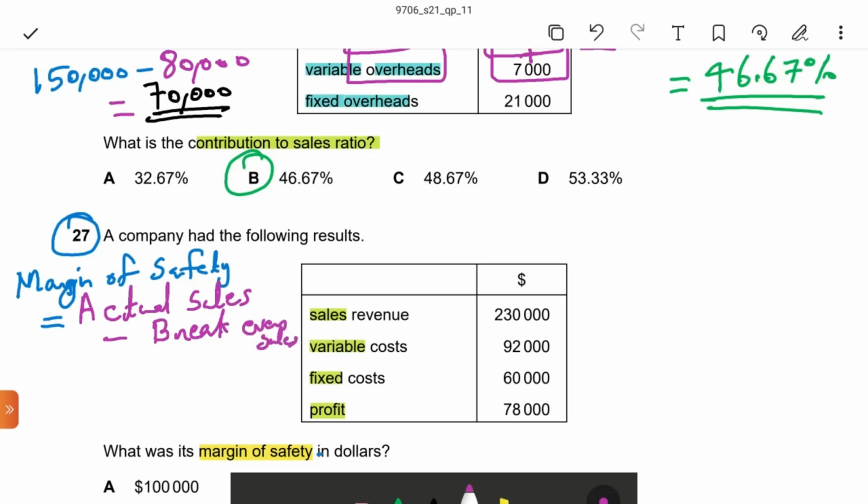That is called margin of safety. The actual sales minus break-even sales. So we have to calculate what is break-even sales.